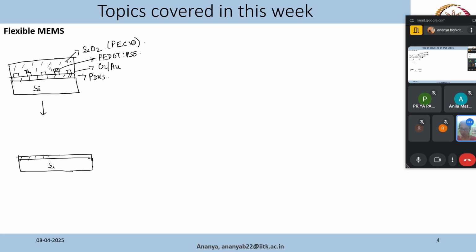PDMS, gold, and our piezoresistive sensor, and we will have the gold contact pads here.